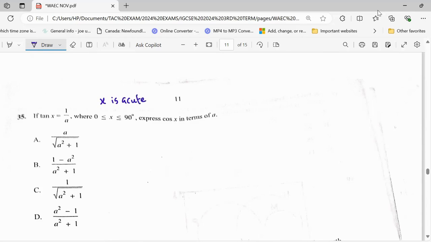Express cos S in terms of A. So we are going to take our right angle triangle. Of course, the reason is because already we have seen tan expressed in this format, and when we are given an acute angle and want to create a relationship here, we usually make use of a right angle triangle.